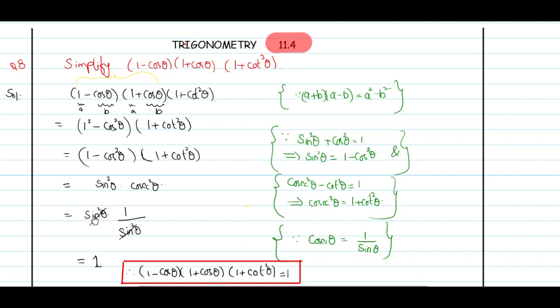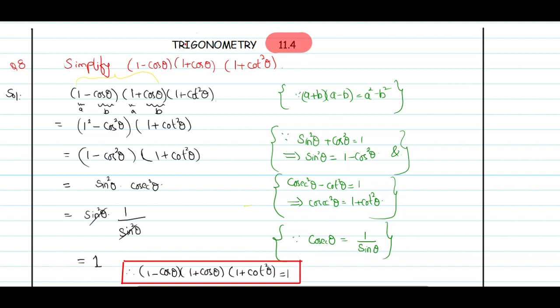So, sin square theta as it is into cosecant square theta can be written as 1 by sin square theta. We can cancel this and what we are left with is 1. So, the value of this expression is 1. Therefore, (1 minus cos theta)(1 plus cos theta)(1 plus cot square theta) is equal to 1.